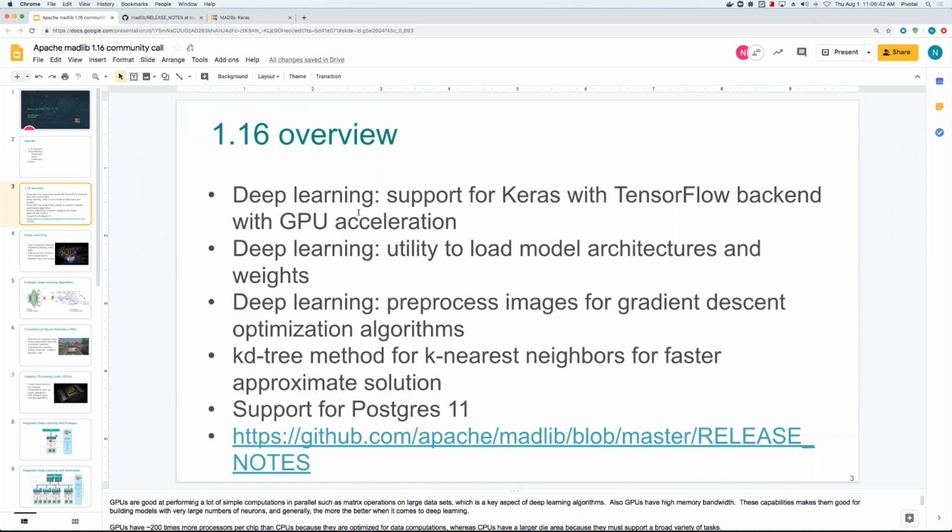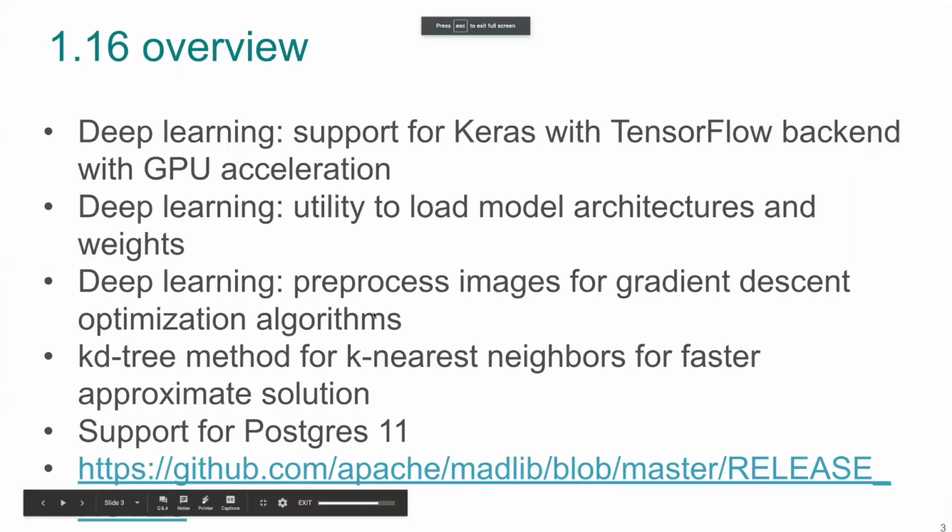In order to perform the deep learning operations in MADlib, there are a bunch of preparatory steps that have to be done. To facilitate that, we have introduced a lot of utility functions and pre-processing functions, and those are also part of the 1.16 release.